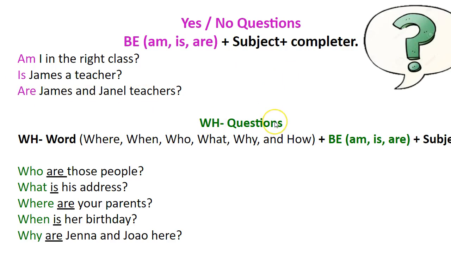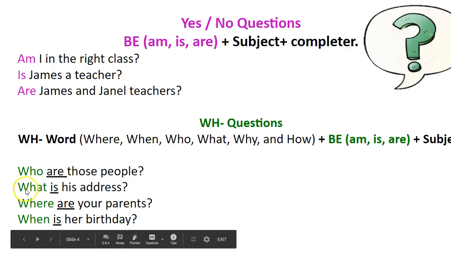And for WH questions, the correct order is question word or WH word plus be verb, am, is, or are, and then the subject. Who are those people? What is his address? Where are your parents? And when is her birthday?